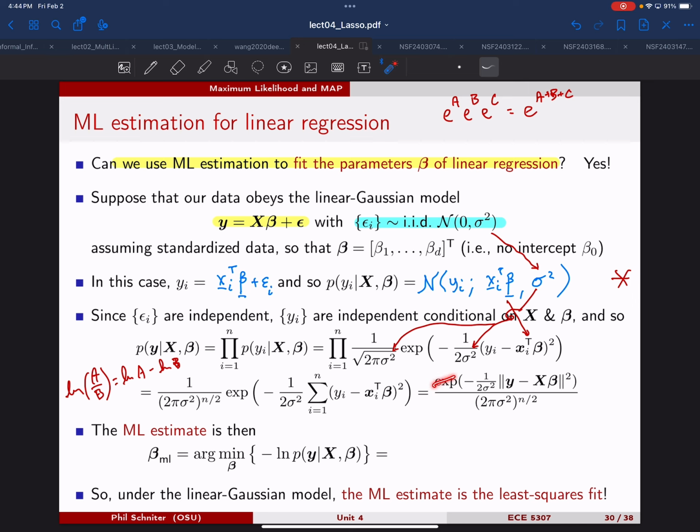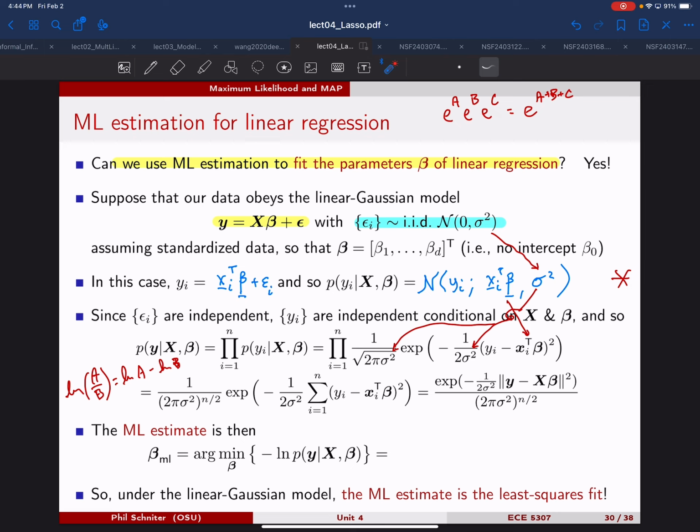That log kills the exponential part. I get this. And then I get minus the log of the bottom, which is this. Now, I'm minimizing this thing over beta, so this log of the bottom has no betas in it, so this is not going to affect my minimization. So in fact, we can forget about it.